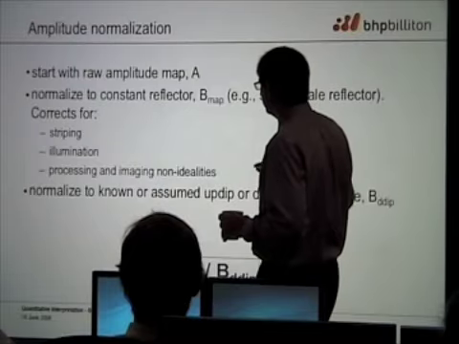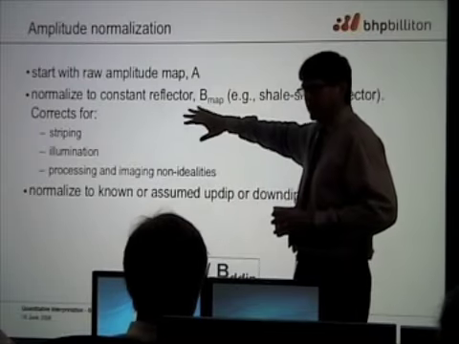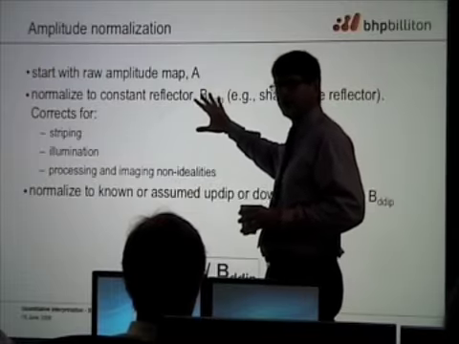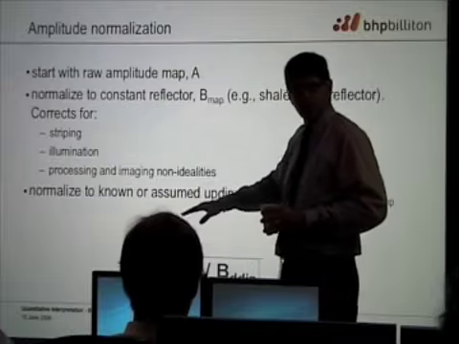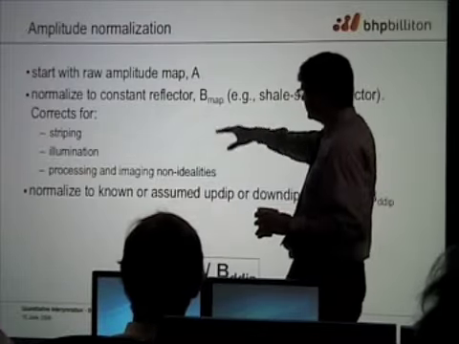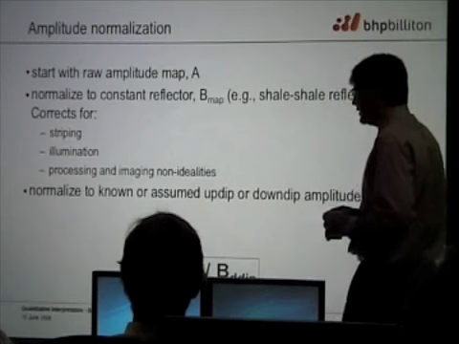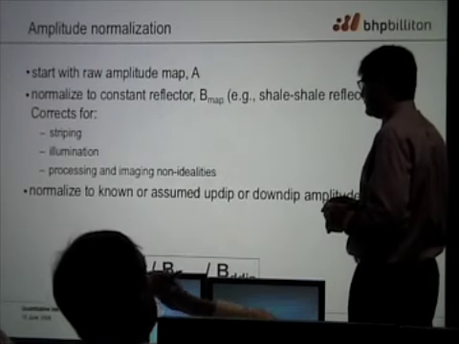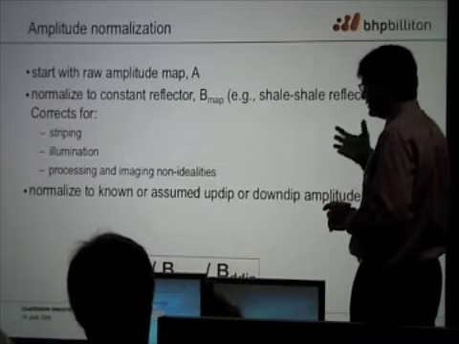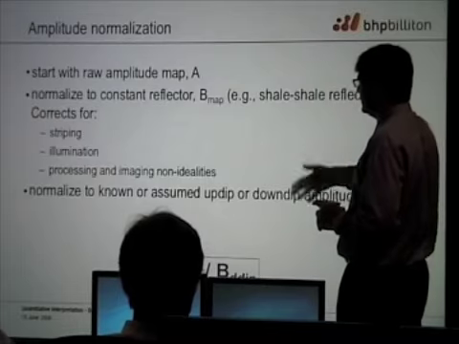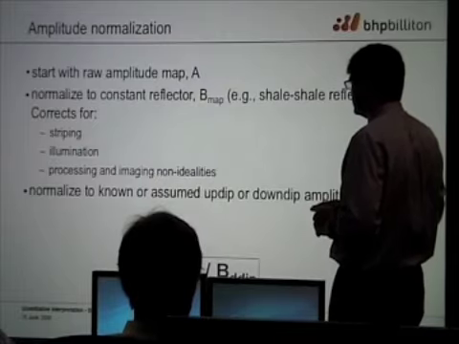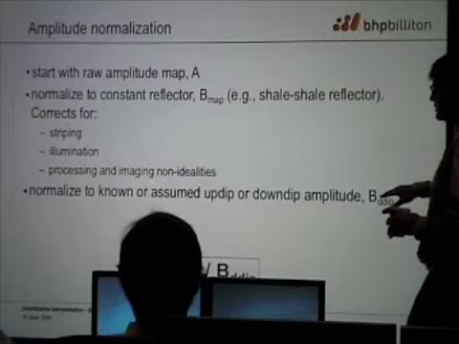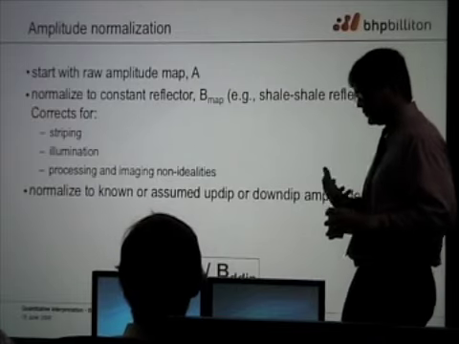But the one thing to note is the difficulty with this is getting a good reflector that's really constant and doesn't have geology itself on it. That tends to be the particular challenge with respect to getting one of these background maps. We'll see that in the first example, where I've put on some synthesized striping.